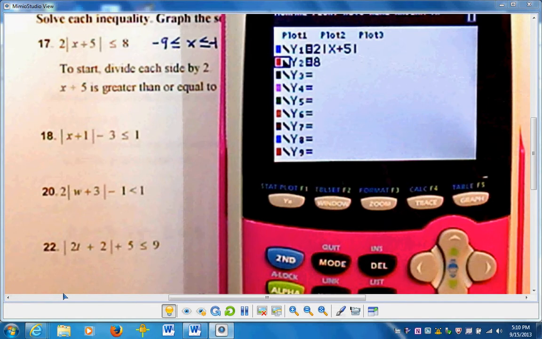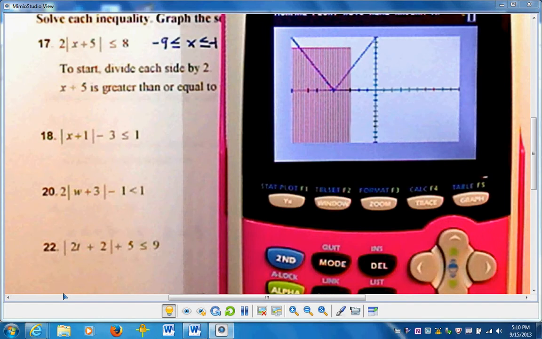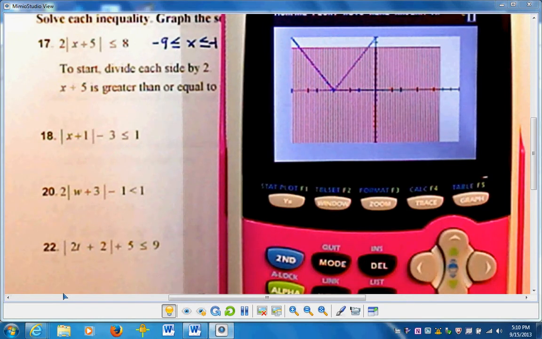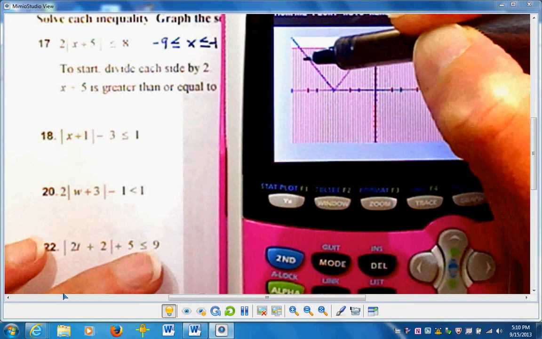Okay, so watch what happens when I graph it. There's my absolute value, and then my y equals 8 comes in, and it comes in shaded. The part of the V that is shaded, this is kind of like what we did in class, is all right through here.